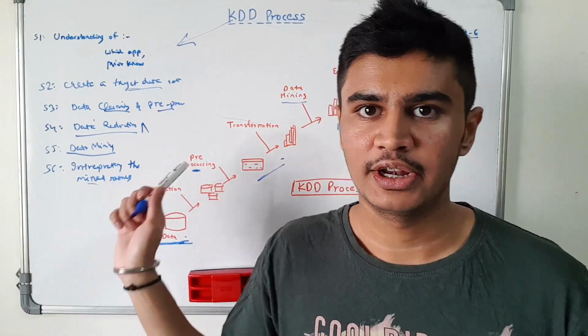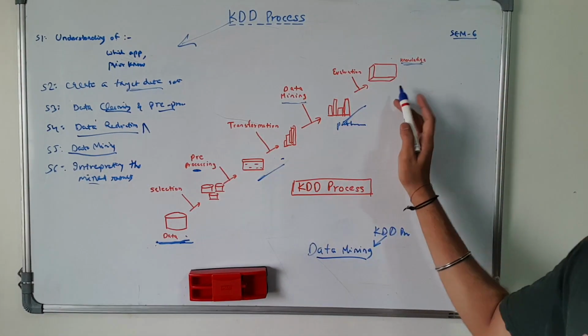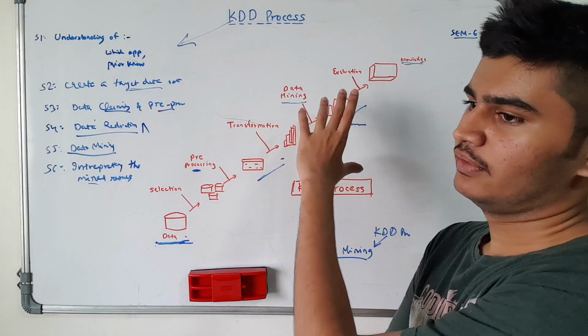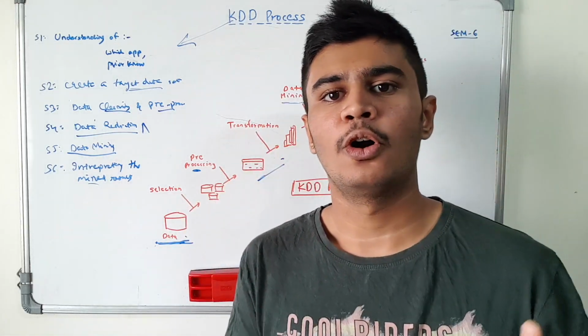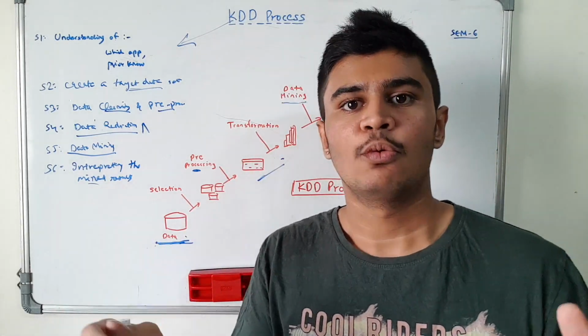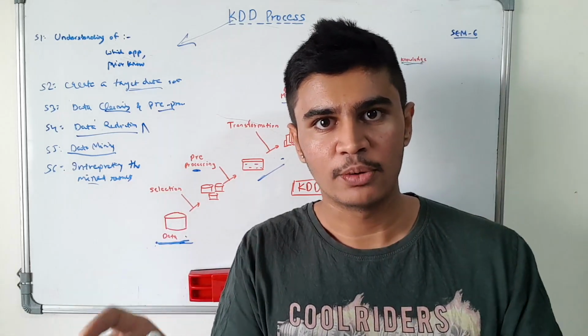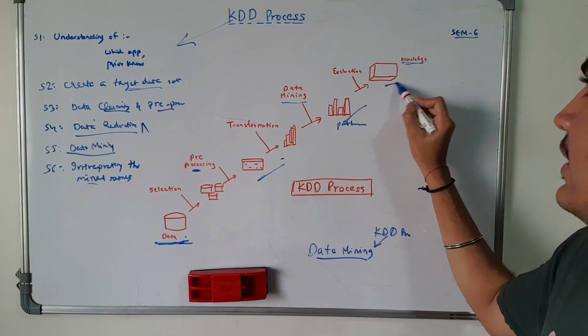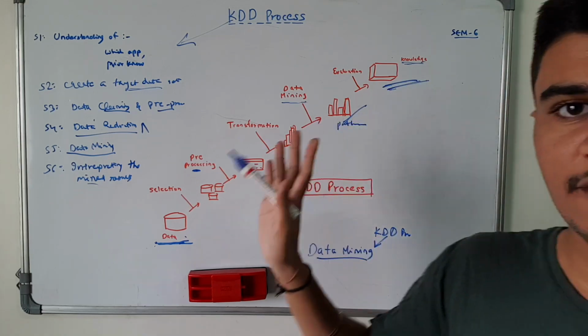Now we'll evaluate the data and check whether the algorithm has given us the data according to what we want, in that format, or whether it has given something else. So we'll evaluate the results and then we'll get the final data which we want.